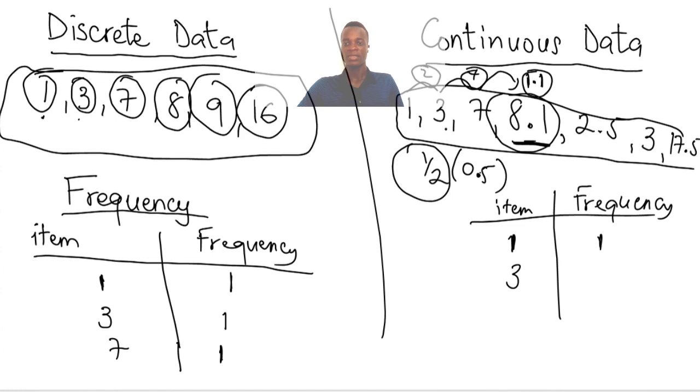You see that 3 is here, 1, and 3 is here, 2, so there are two 3s in the data. The same thing applies for everything that we have. For 7 and 8, we can see that the rest appear once. So the number of appearances of a particular item inside the data, we call the frequency of that item.